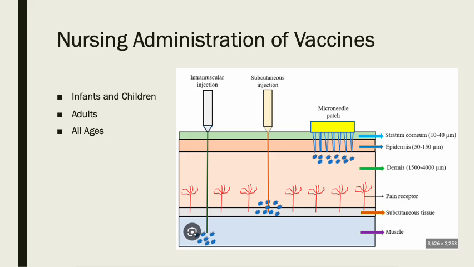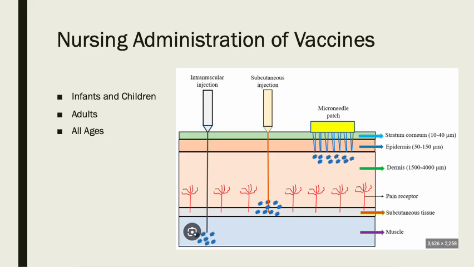If it's a subcutaneous vaccination, we can give that in the outer aspect of the upper arm or the anterolateral thigh. When giving vaccines, we always have to use the appropriate needle size for the route, for the site, for the age of the patient, and the amount of medication.